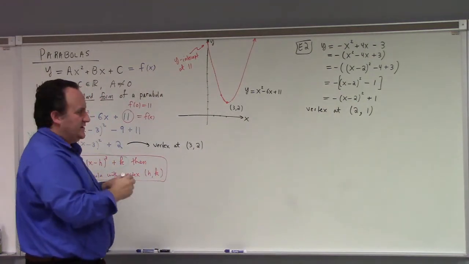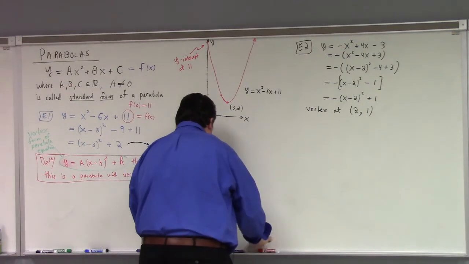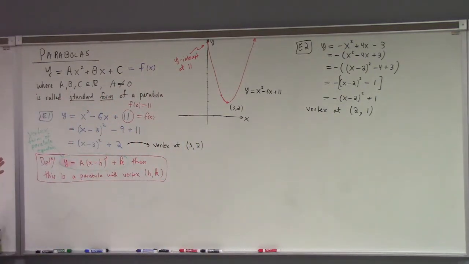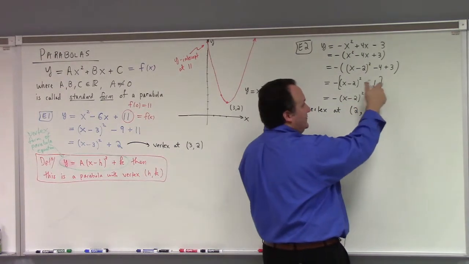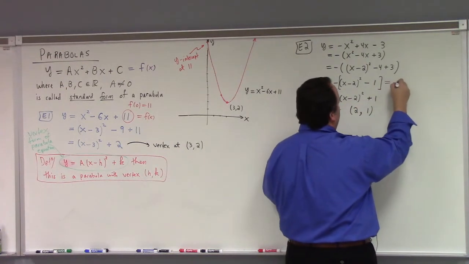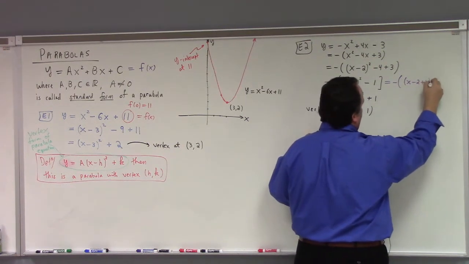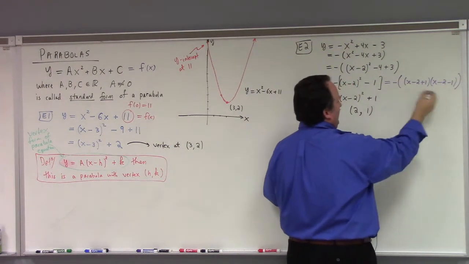Can you guys tell me something else I could have done here? This is not prime, right? Example 1, prime. Can't factor without complex numbers. Example 2, when we completed the square, we got this minus 1, so we could have said this is minus x minus 2 plus 1, x minus 2 minus 1. We could have factored it like that.